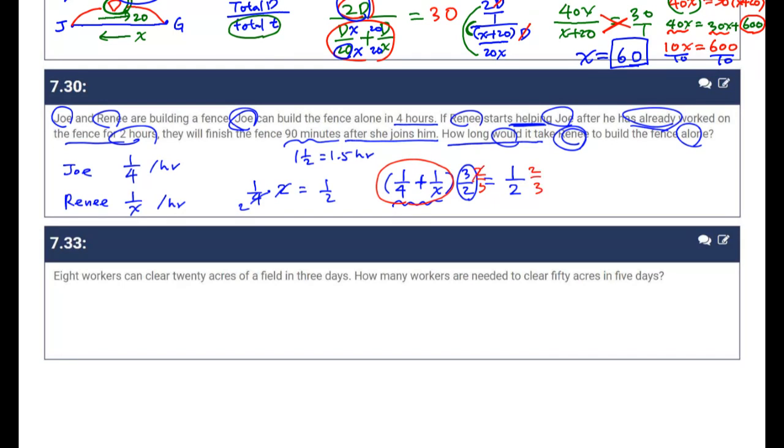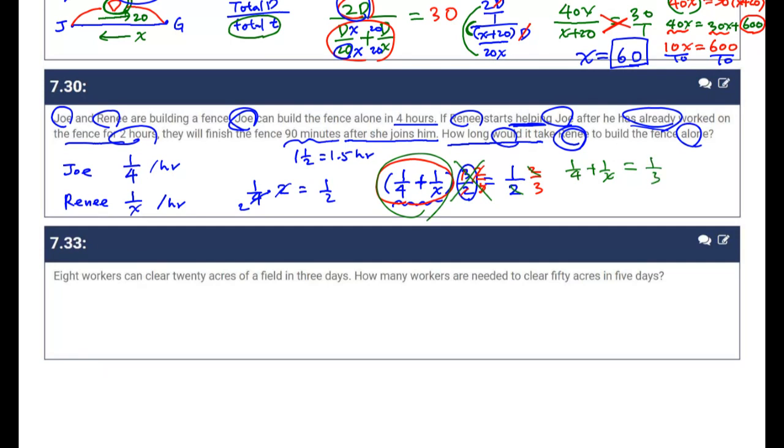Again, let me leave this parenthesis alone by multiplying by the reciprocal, 2/3. So this will be gone. We have 1/4 plus 1/x, which is this parenthesis alone, equals 1/3 on the right side.